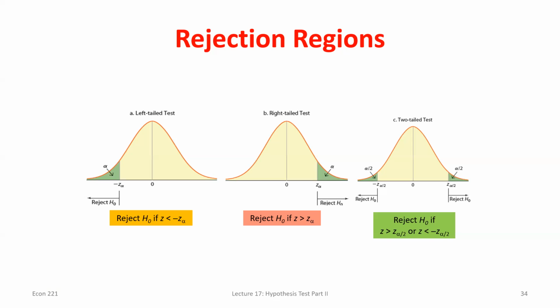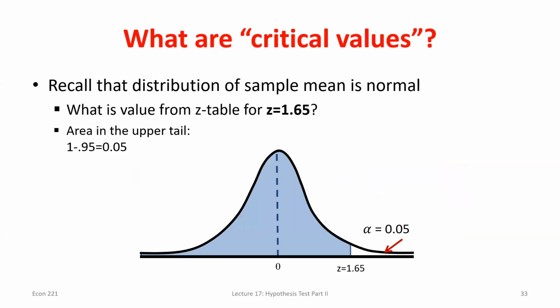They're going to be the same value, just one positive and one negative. Two-tail tests look a lot like what we were doing for confidence intervals. Remember, with confidence intervals, we're always asking how many standard deviations I need to go to get alpha over 2 in the tail. Here it's the same. So that's visually how we would think about our rejection regions.